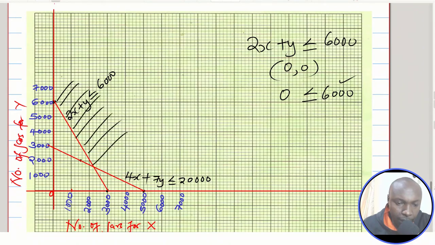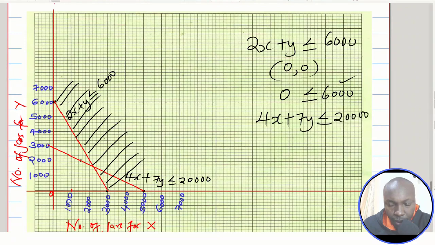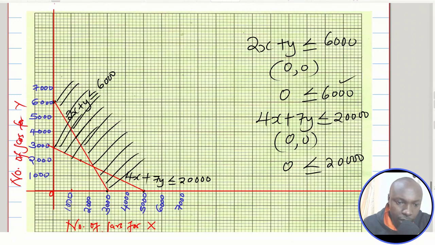We do the same for 4x plus 7y less than or equal to 20,000. If you pick 0, 0, 0 is less than or equal to 20,000, so that also satisfies, and you shade on the other side of that line. The region that remains, R, is called the feasible region, or the required region, and that is where we're supposed to get our solution.